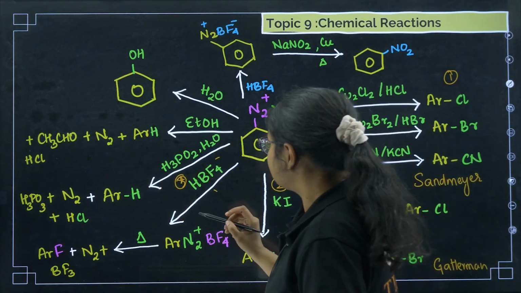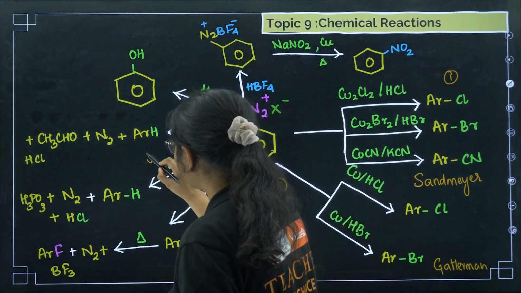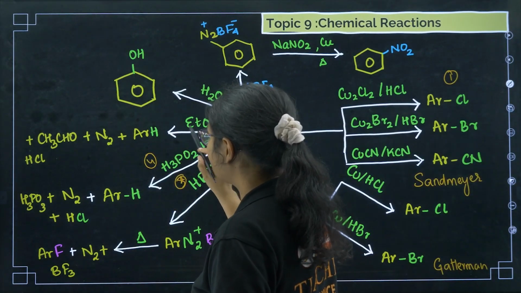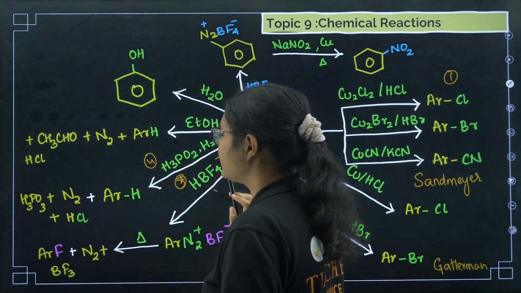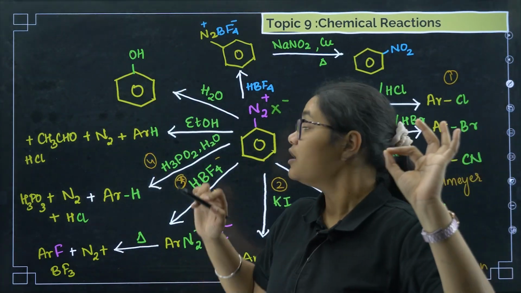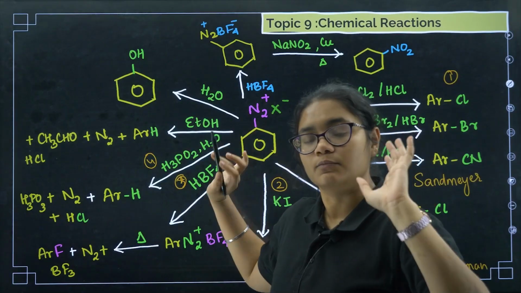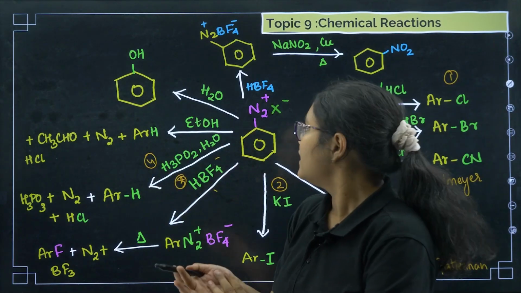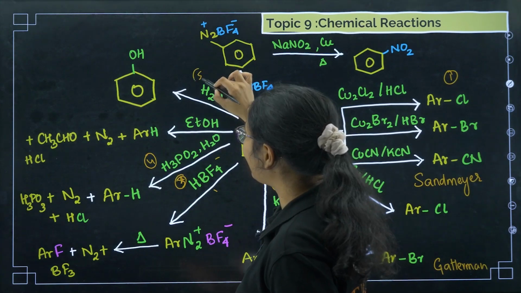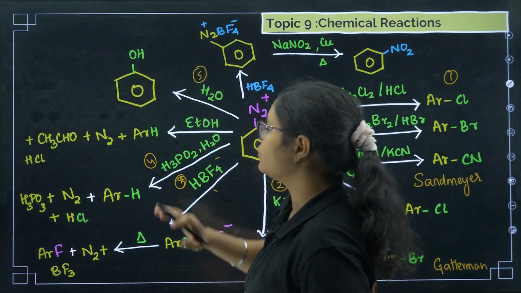This is your fourth one. Now, if I want to take only hydrogen, that is the same thing. You can also use ethanol, so both are possible. You can use H3PO2 in presence of water, or you can use EtOH. Both will give you benzene. Now, if I want a phenol group, if you just add water, you will get the OH group.